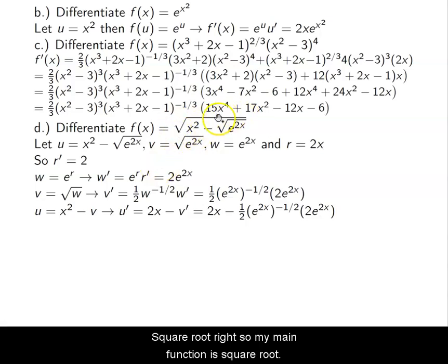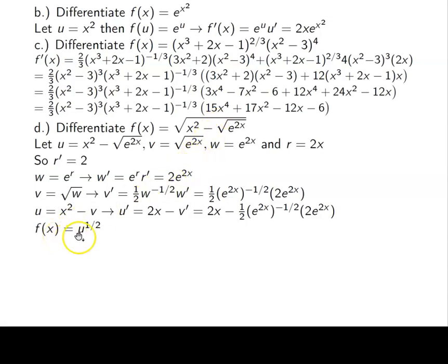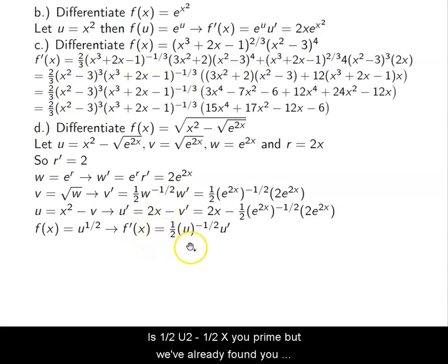So my main function is square root of u, and taking that derivative is 1/2 u to the negative 1/2 times u prime. But we've already found u prime because we went incrementally to get there, right? So u is just x squared minus square root of e to the 2x.